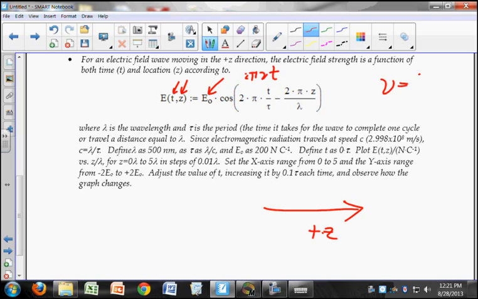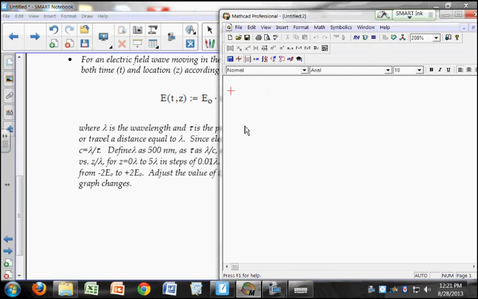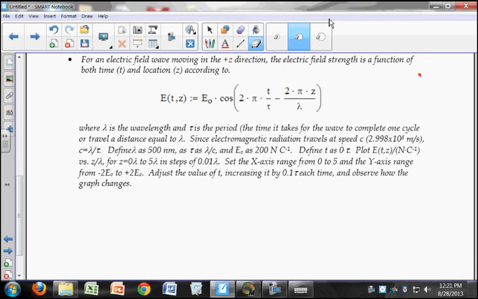Remember, nu is 1 over the period, right? Minus 2 pi z over lambda. But we're going to define it like this. So what are we going to do? First of all, let's go ahead and type up this expression. So we're going to say, let's see.